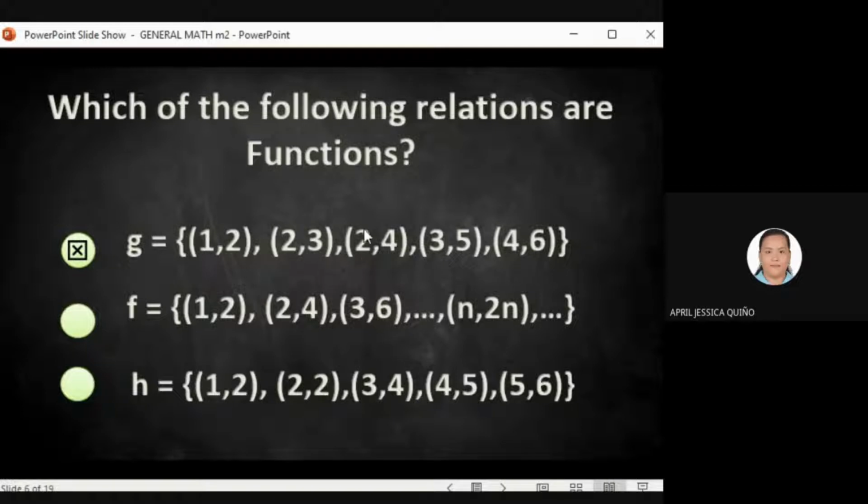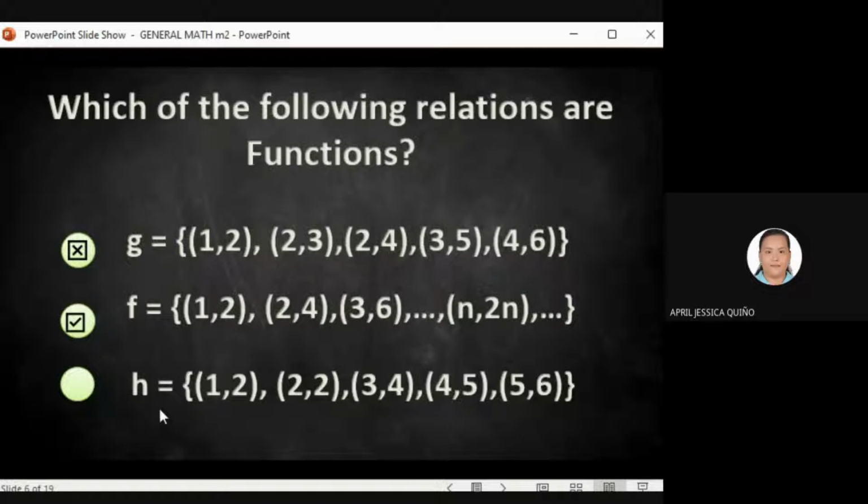So, dalawang beses siyang inulit sa set na to. Kapag naulit siya, ibig sabihin, relation lang siya, hindi siya isang function. How about for set F? Sa set F, makikita natin na iba-iba sila ng value ng x. Therefore, we can consider this as function.